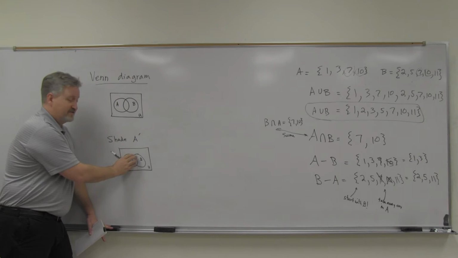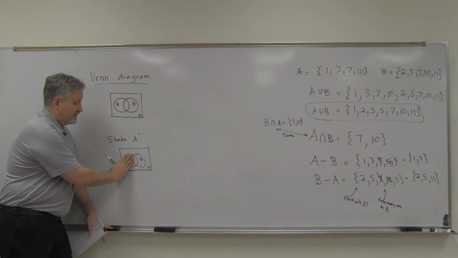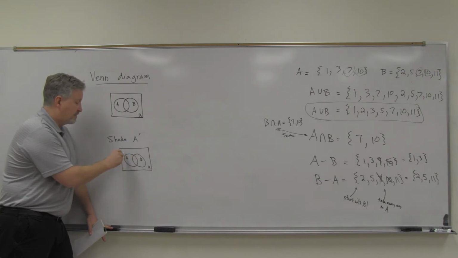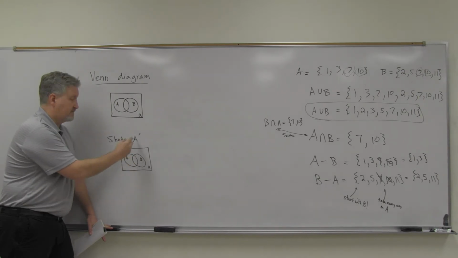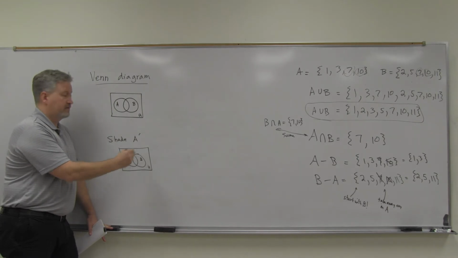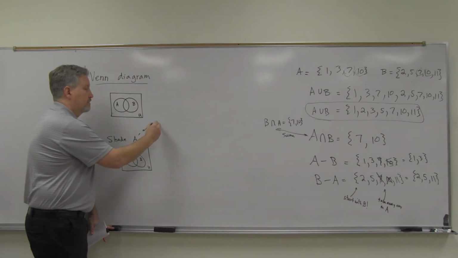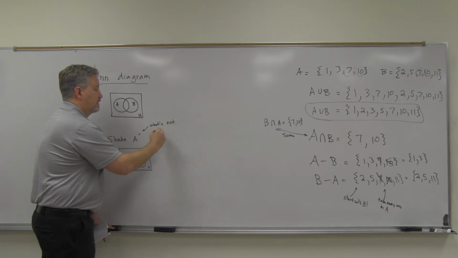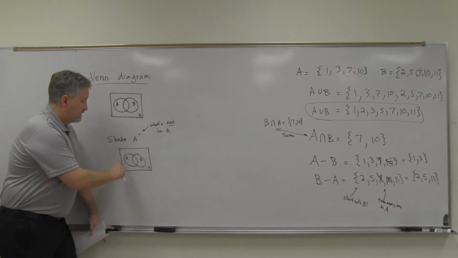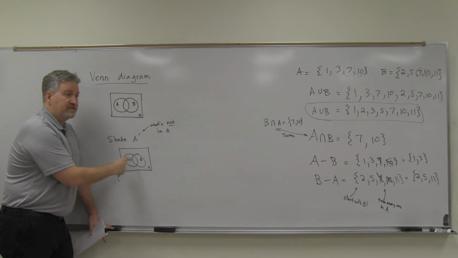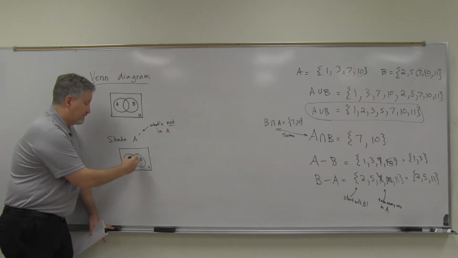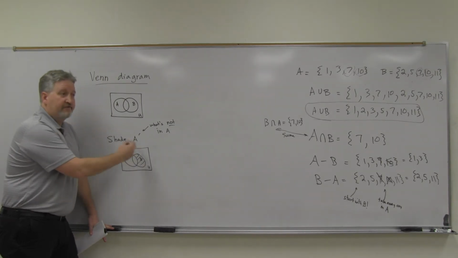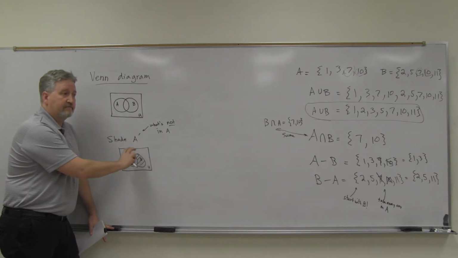Well, one way to think is just cover up the A circle and shade everything else. So here, if I shade A complement, it's everything that's not in A. That's what the complement is. It's what's not in A. So A is the circle, so what's not in A is everything outside the circle, this little part of B, moon shape there, and then the outside part of the circles, right?